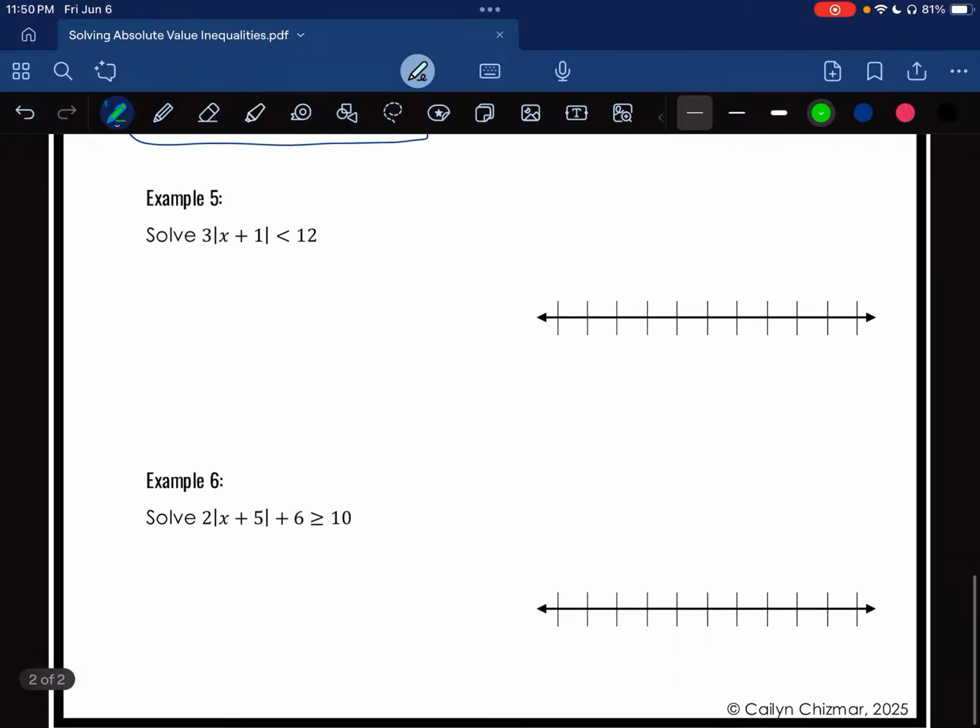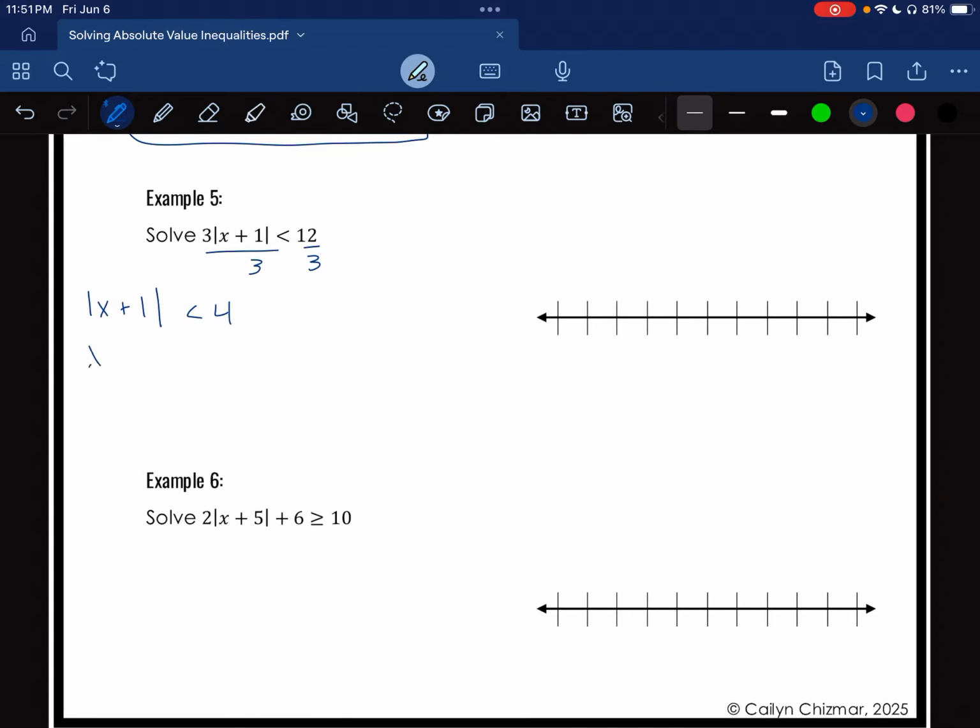All right, last two. We will divide both sides by 3. So I've got the absolute value of x plus 1 is less than 4.